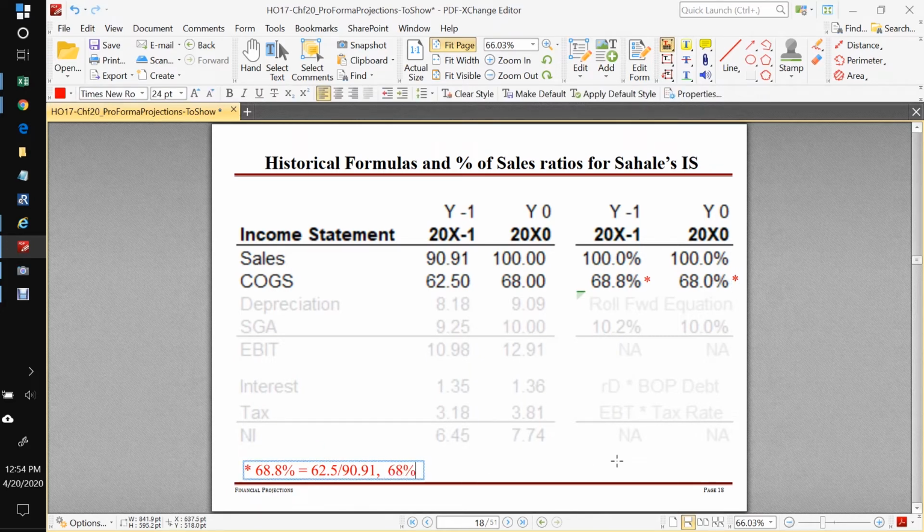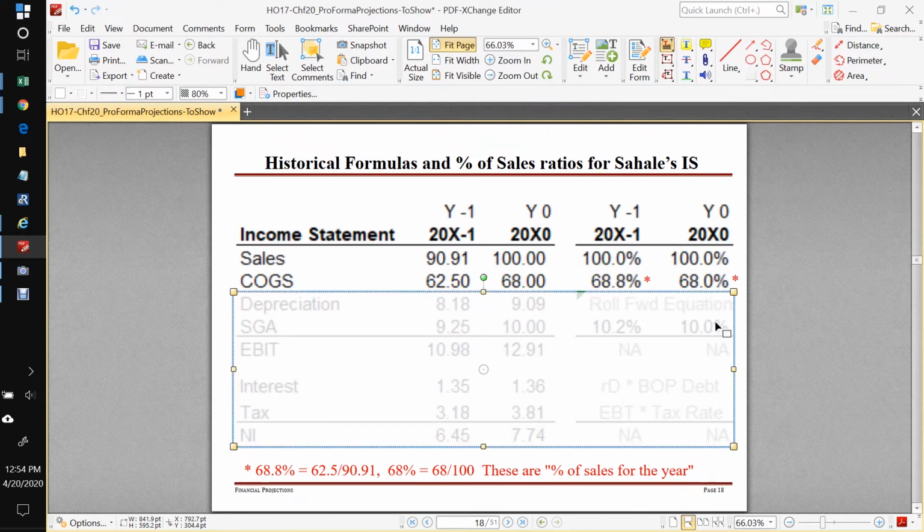The 68% is equal to 68 over 100. So these are percent of sales ratios for the year. COGS was 68.8% of sales a year ago, and in the most recent year, it was 68% of sales.